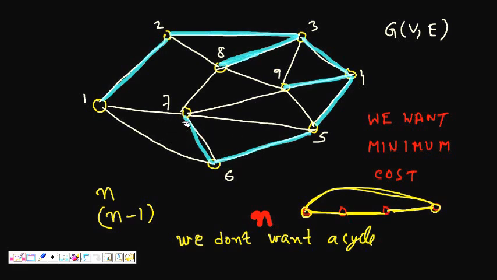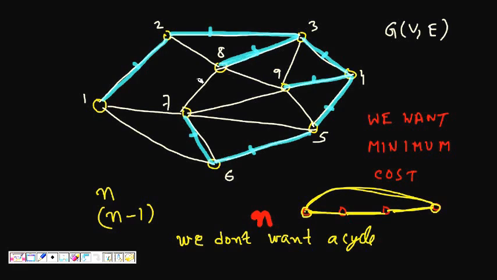Now if you see, how many edges are there? 1, 2, 3, 4, 5, 6, 7, 8. So I have 8 edges, and there were 9 nodes, so 8 edges are enough if we choose in a good manner.